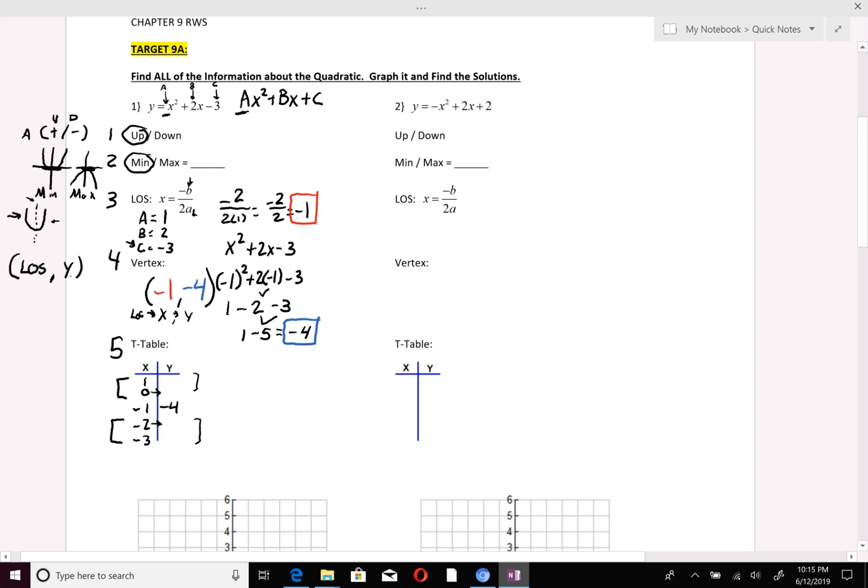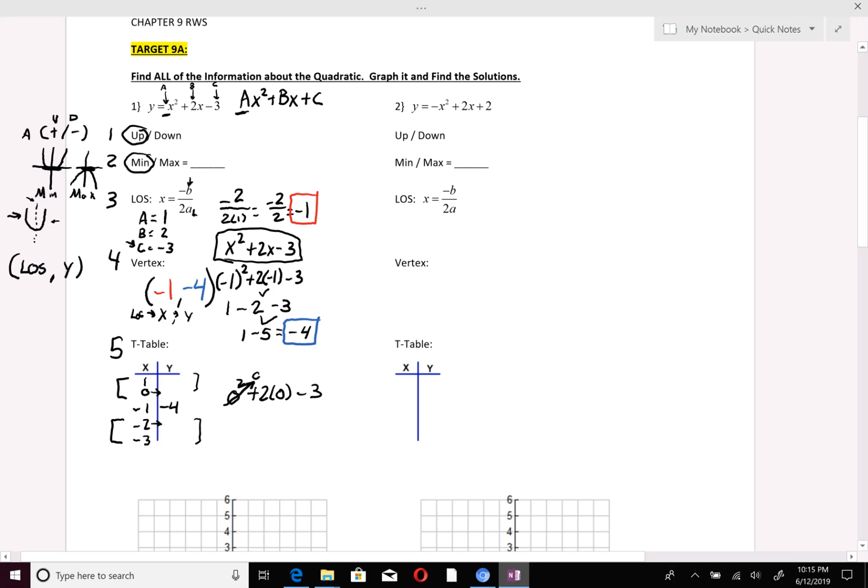So we use these x values to plug into our original equation. So that x squared plus 2x minus 3, I'll just keep plugging these x values in to wherever I see an x. So I'll put a 0 in for x squared plus 2 times 0 minus 3.